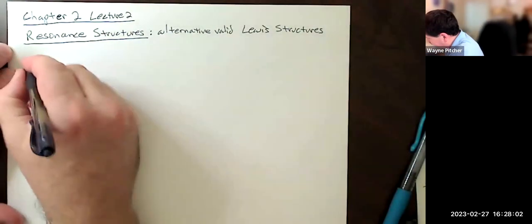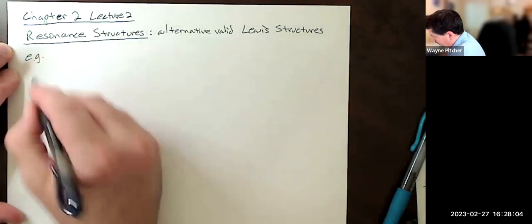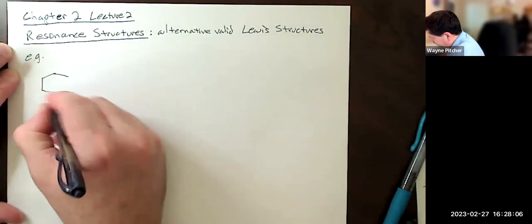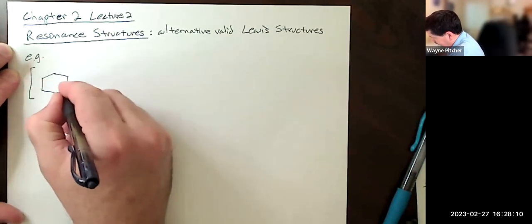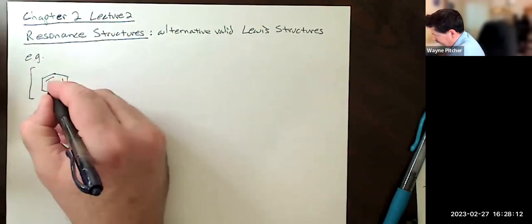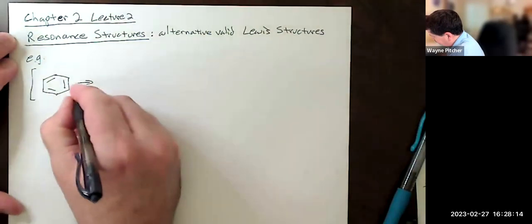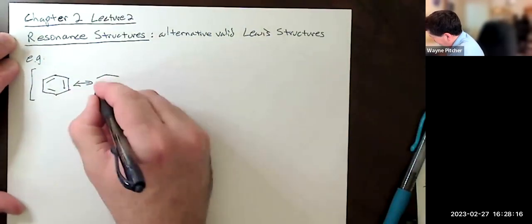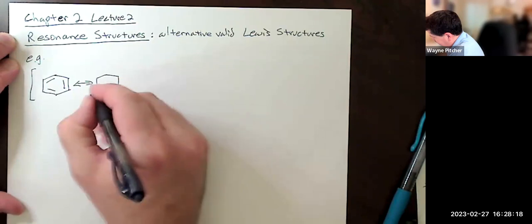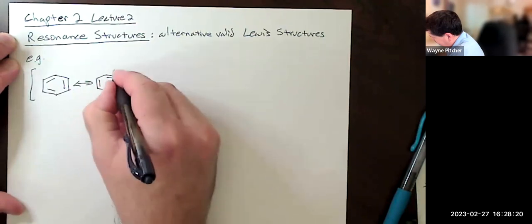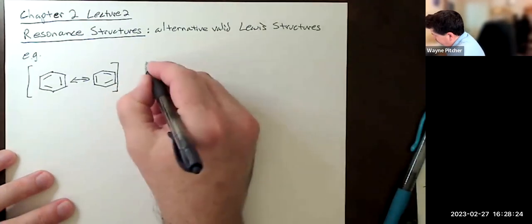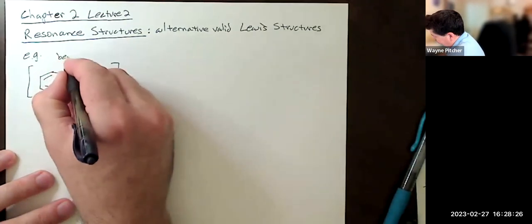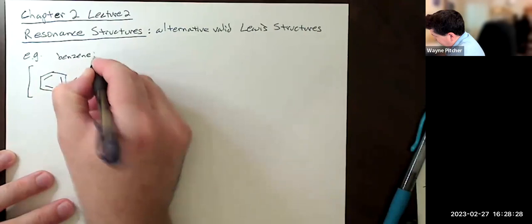For example, we could have benzene, we could have, let me write benzene in here.